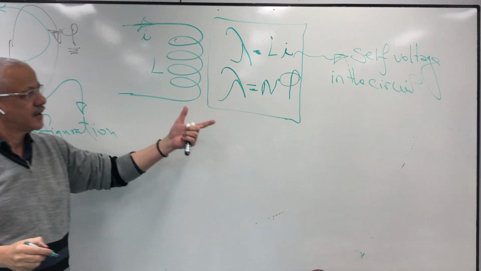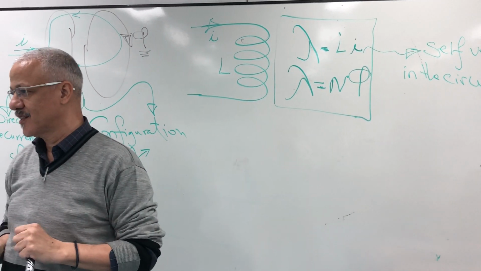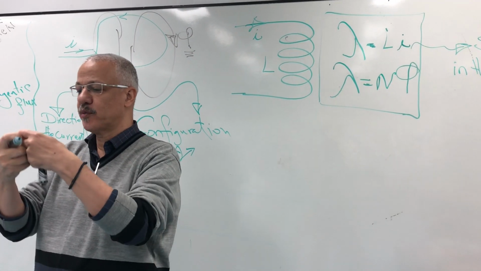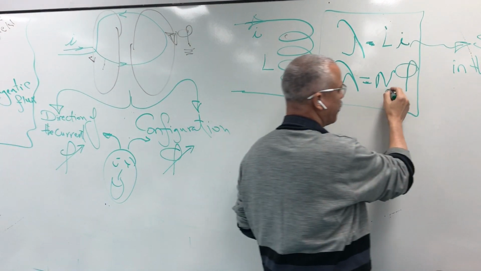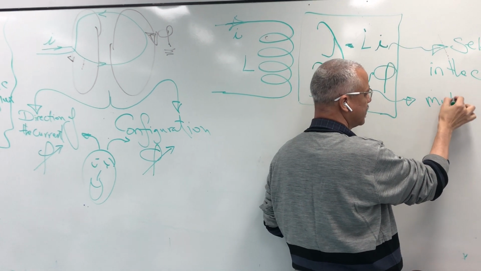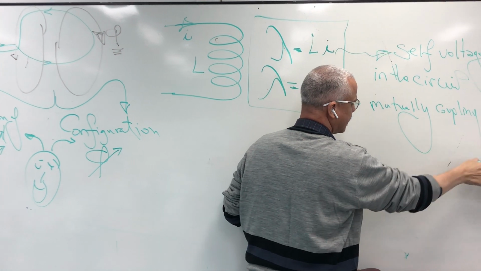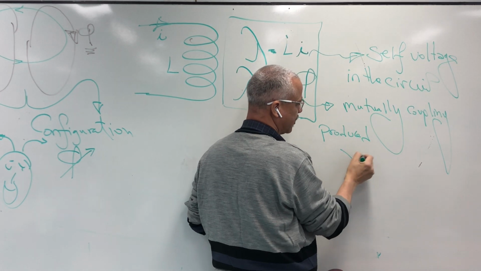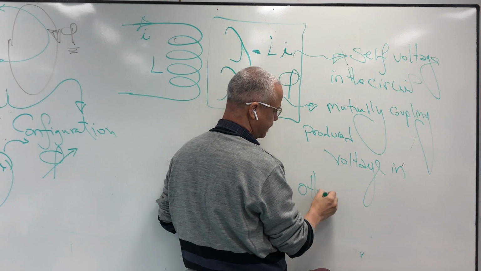When you use lambda equals n phi, you have to have another circuit, so-called magnetic coupling, and reduce the voltage from the other circuit. So when we are going to induce the voltage, this is mutual coupling, the induced voltage in another circuit.